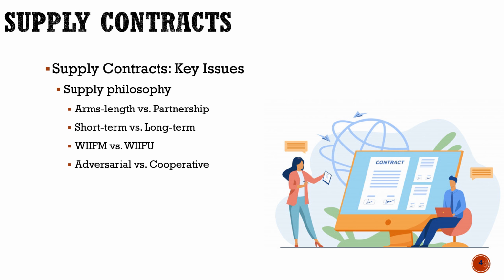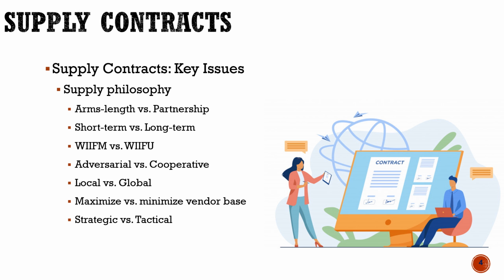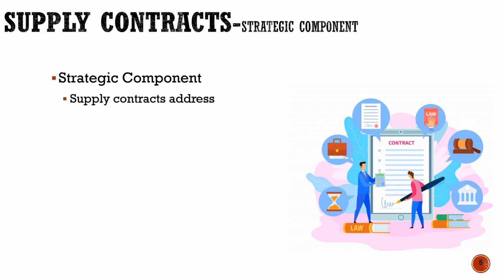Also, is it an adversarial or collaborative relationship? Local versus global. Maximize versus minimize vendor base. So here, are we trying to collaborate with a limited number of suppliers, a small supply base, or a maximum number of suppliers in a large vendor or supply base? Is it strategic or tactical?